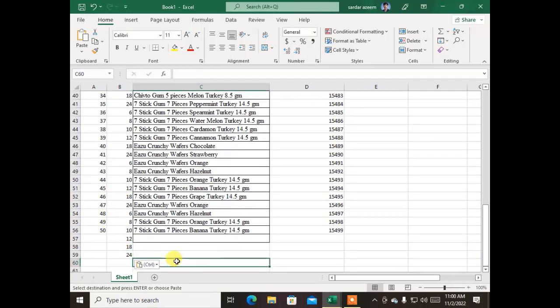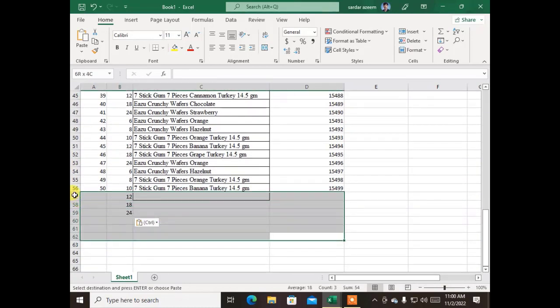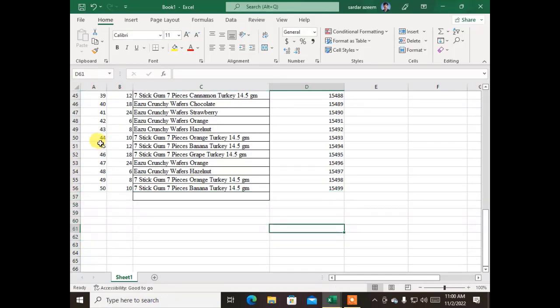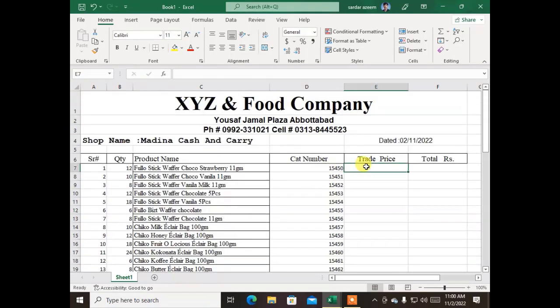Now all of these things have different prices, that is trade price. For example, full wafer 11 gram pack is for 400 rupees.